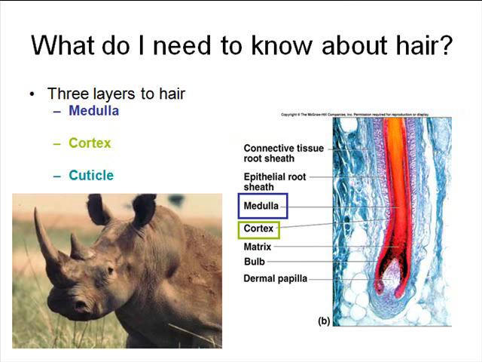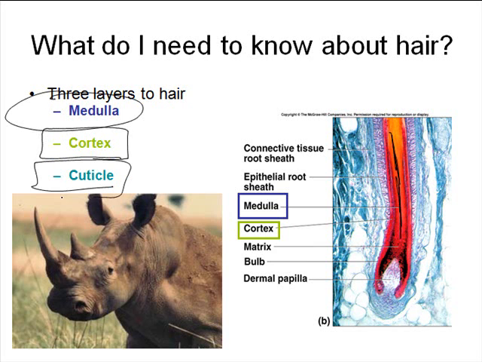Now, there are three layers to a hair, and these include the medulla, that's in the middle, kind of the middle layer here. There's the cortex, which is the outer portion of the hair, and then there's something called the cuticle, and the cuticle is on the very, very surface.